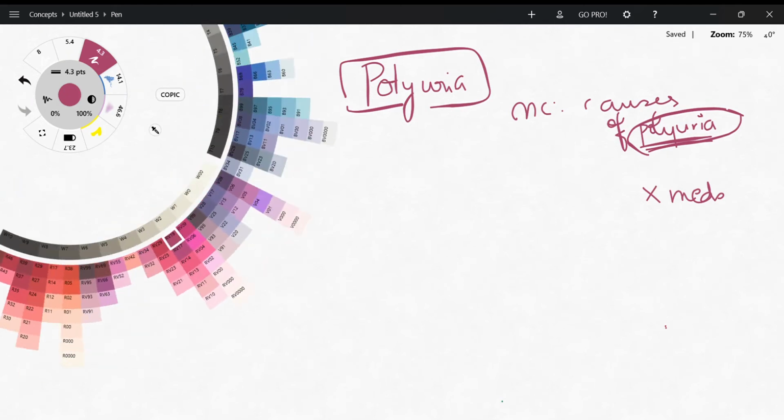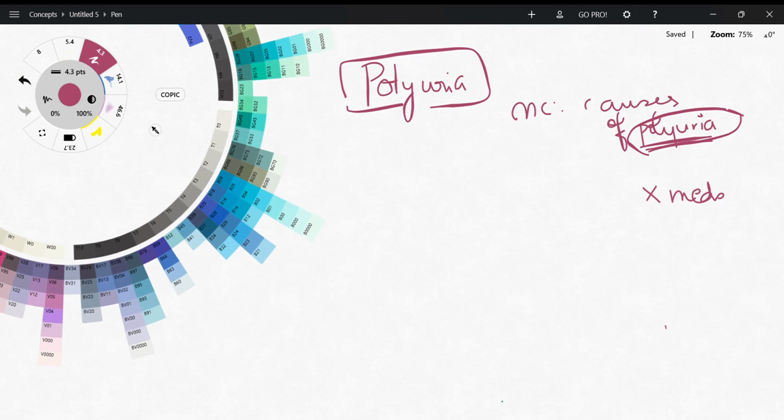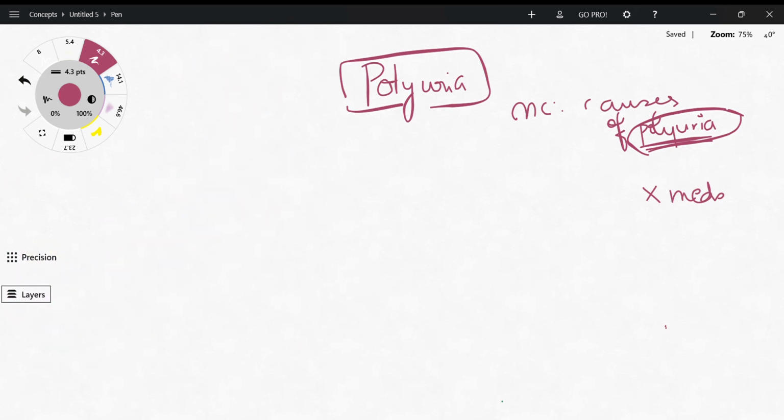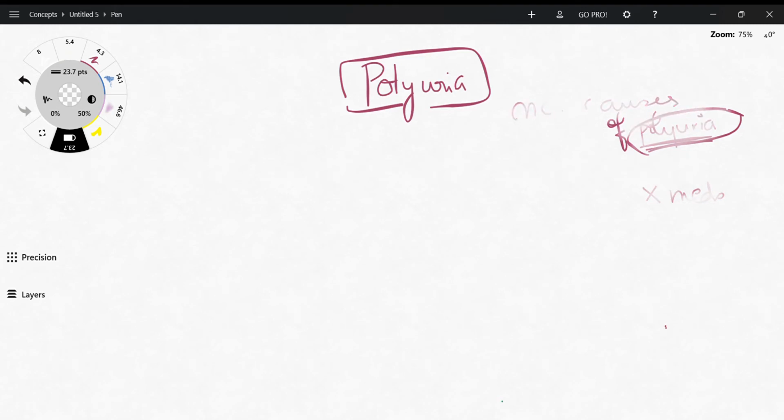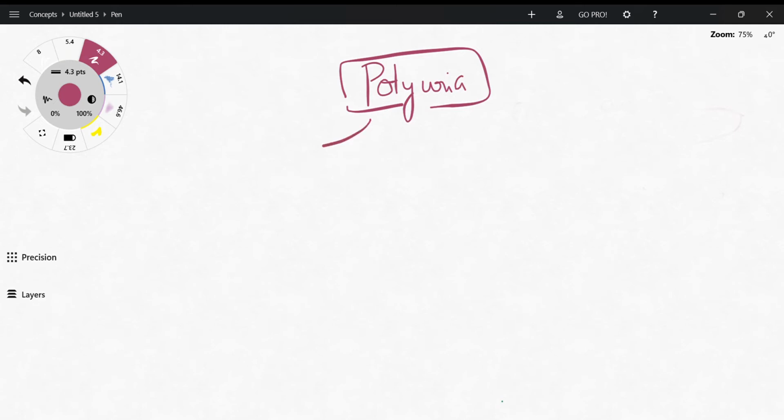Now, I am going to start with diabetes mellitus. So what happens in diabetes?